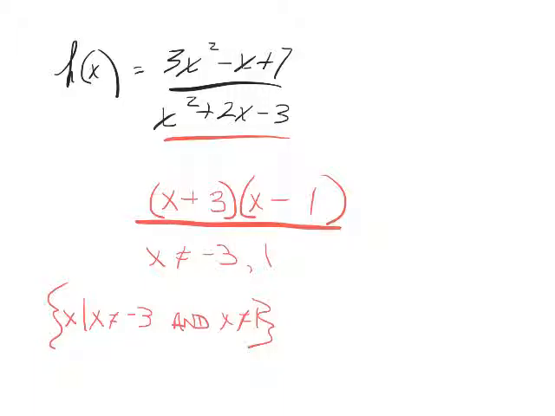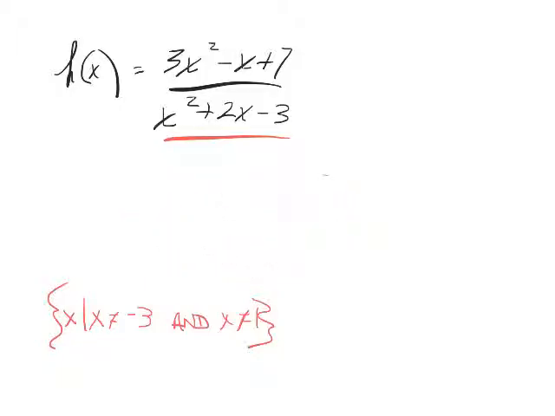If you want to do it in interval notation, it's going to be a little bit more complicated, so let me erase all this so we can make it fit. This says that it cannot be negative 3 and it cannot be 1, but it can be all other numbers. So it can be less than negative 3 and go all the way to negative 3, but it can't include negative 3.